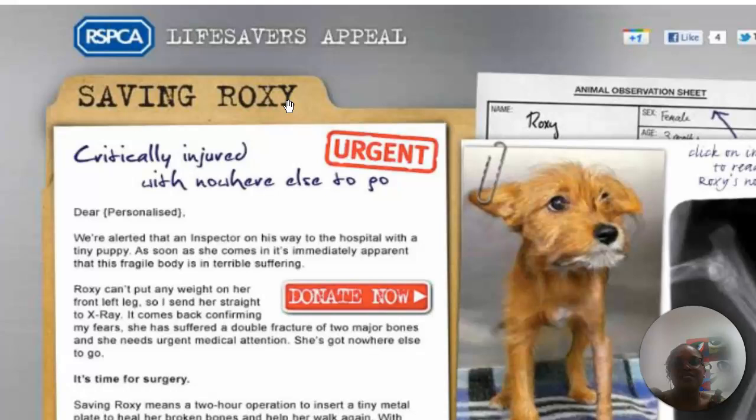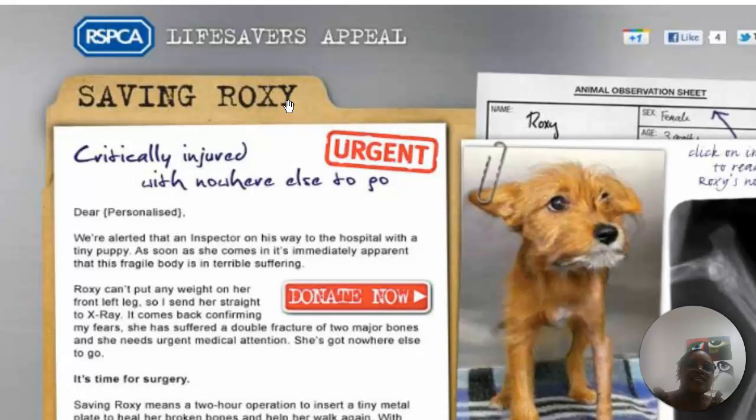And so this places the reader in a position to feel that they can be the hero and save Roxy. So we already see what the purpose of the text is just from the title, that it is to urge the reader to save Roxy.